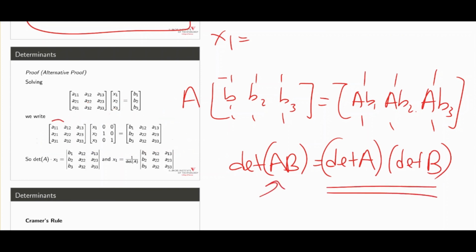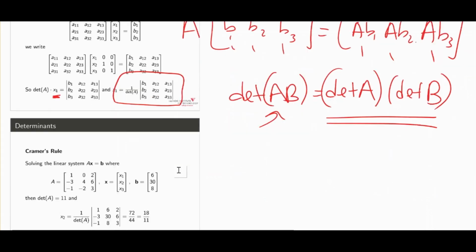So take the determinant here, that's determinant A. Take the determinant of this one, and you can see it's a lower triangular matrix. So the determinant is nothing but the product of the diagonal. The product of the diagonal gives you x1, and then you get that determinant. So now, what is x1? x1 is this. Simple as that. So this is one easy proof of why Cramer's rule works. This is pretty straightforward.